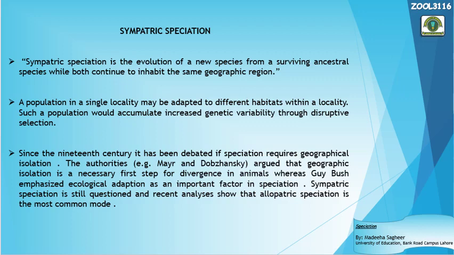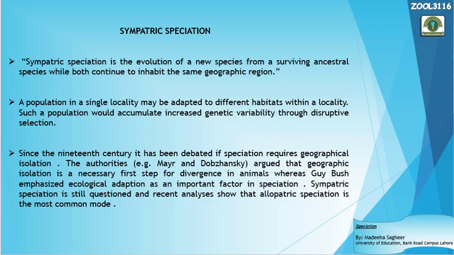Some evolutionists and taxonomists debated that geographic isolation is a necessary step in the formation of new species. But one scientist, Guy Bush, emphasized ecological adaptation as an important factor in speciation. So this is the requirement of sympatric speciation.